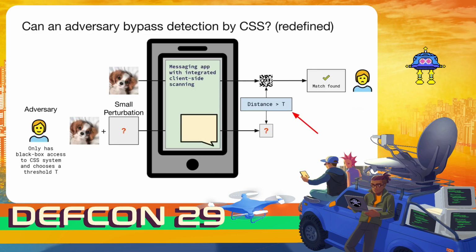So now we redefine our question: can an adversary evade detection by CSS? What we want to do is add a small perturbation such that my resulting hash is at a distance greater than a threshold T, which is chosen by the adversary who has black box access to the system, and this we believe might help to evade detection.